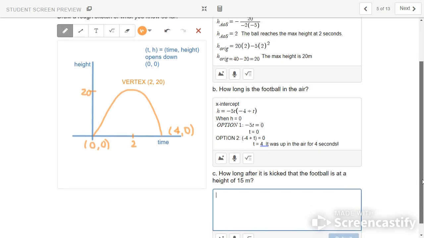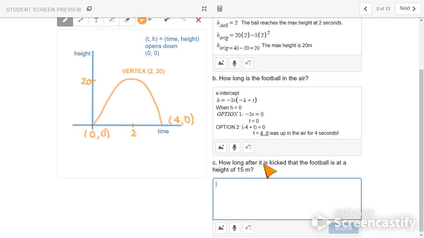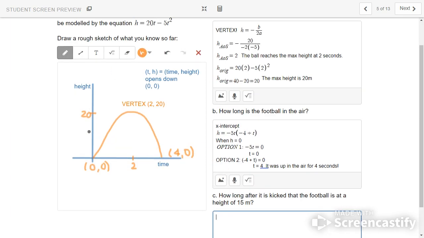Now the last question here. How long after it was kicked is the football at a height of 15 meters? 15 meters, probably about here.